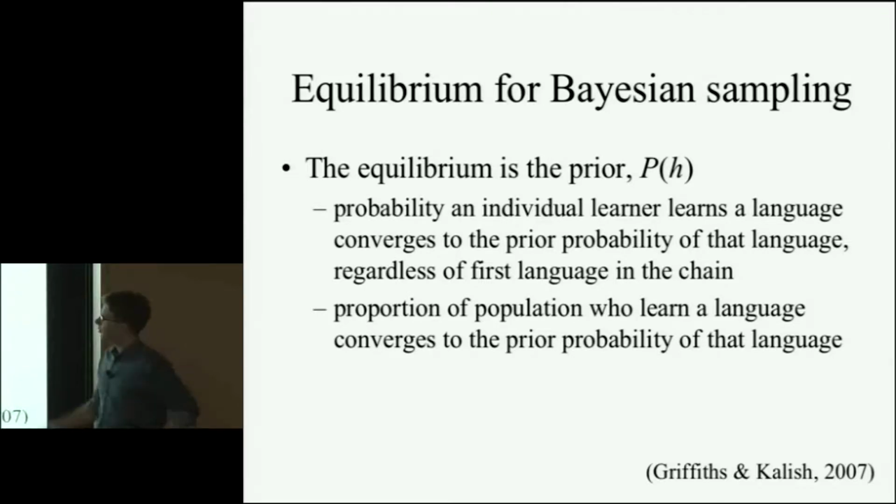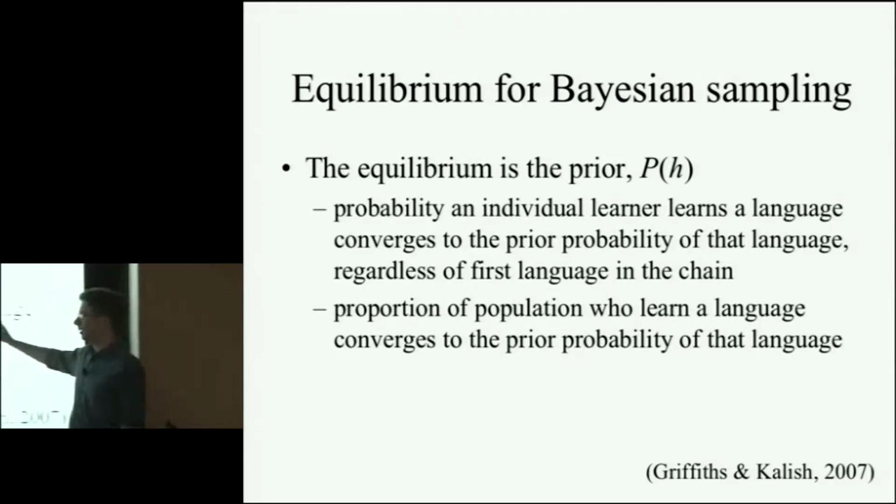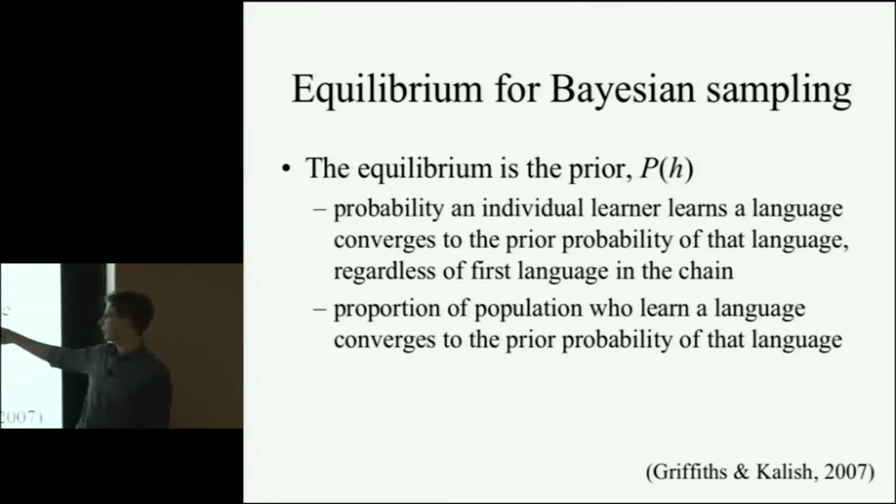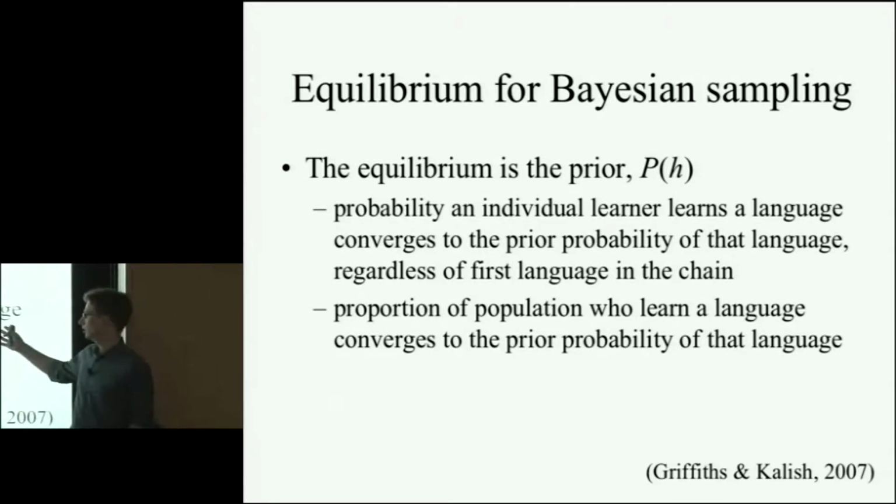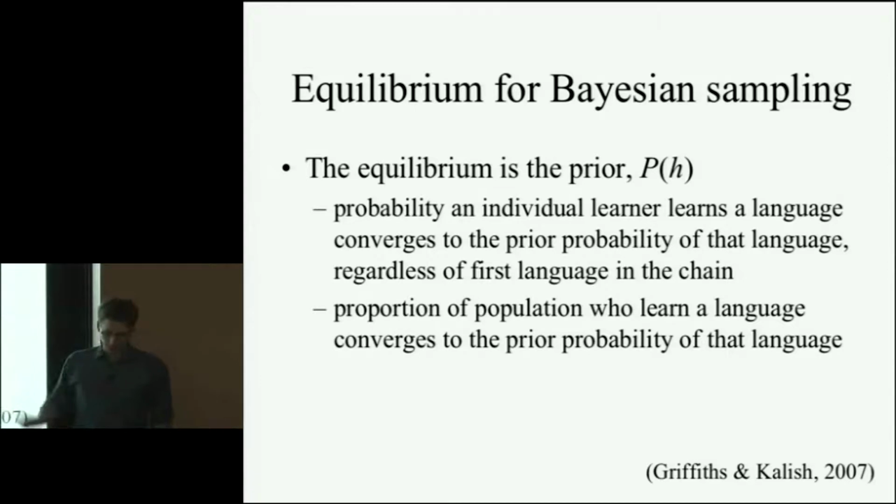What this means is that the probability that an individual learner is going to learn a language is going to converge to the prior probability of that language regardless of the first language in the chain. So it gives us a very direct connection between the inductive biases of learners, the constraints that are assumed on learning, and the outcomes of these iterated learning processes. Or if we frame this in terms of the replicator dynamics, the proportion of the population who learn a language is going to converge to the prior probability of that language in exactly the same way.